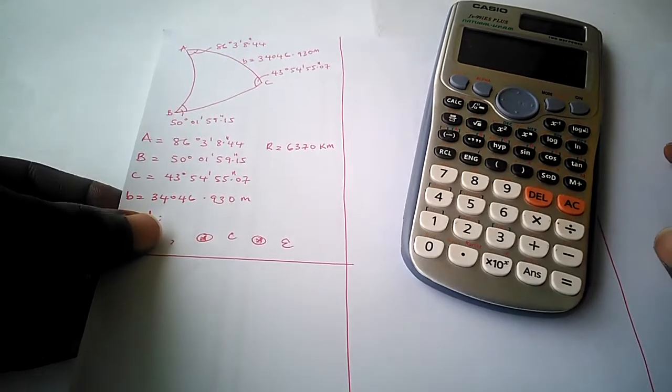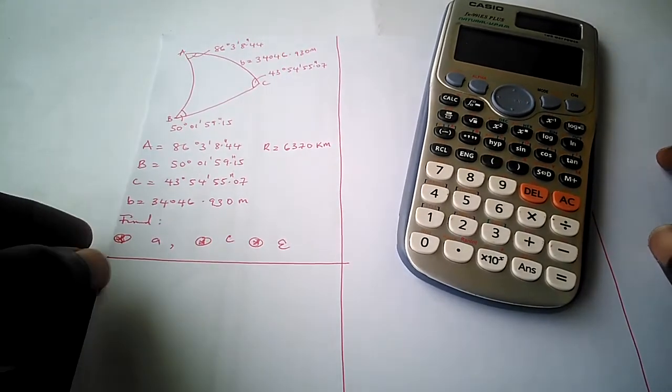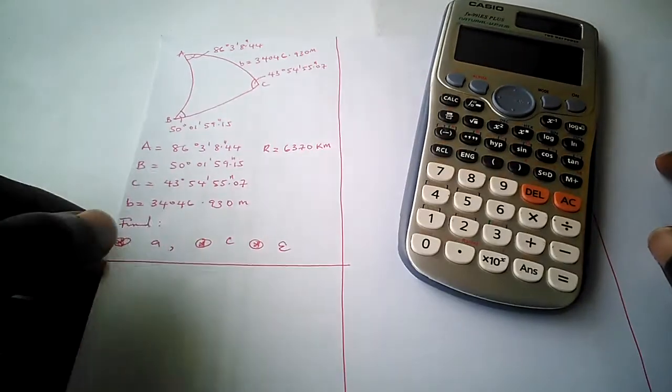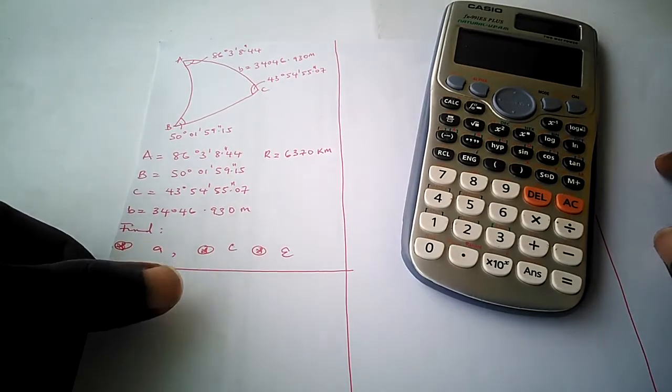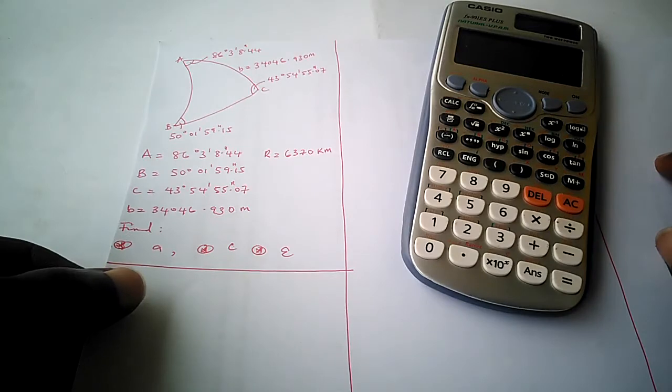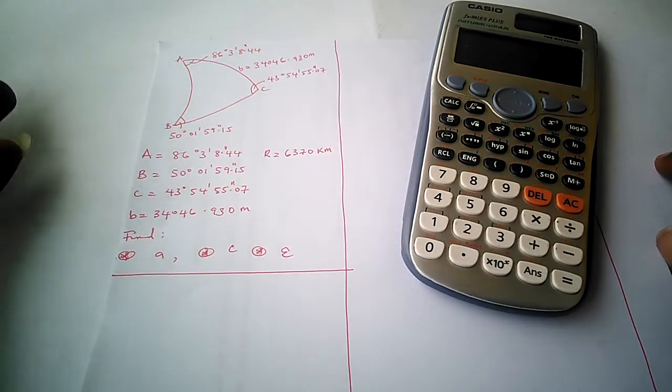We are still on geodetic surveying, and today we are going to consider a spherical triangle. Don't mind my diagram. These are the parameters, or let's say the data, we want to work with.